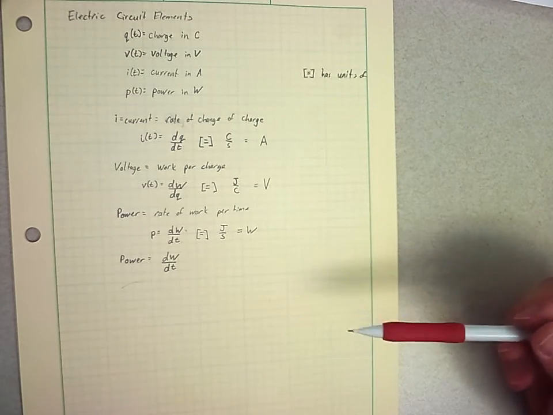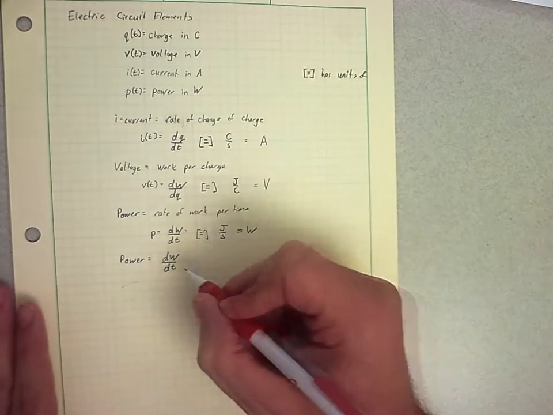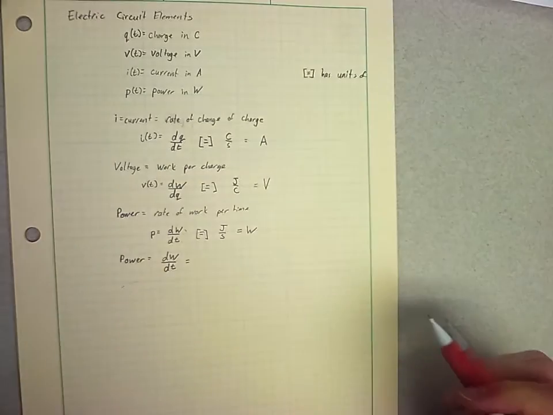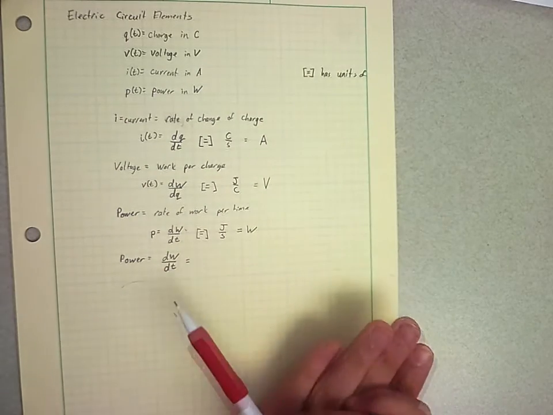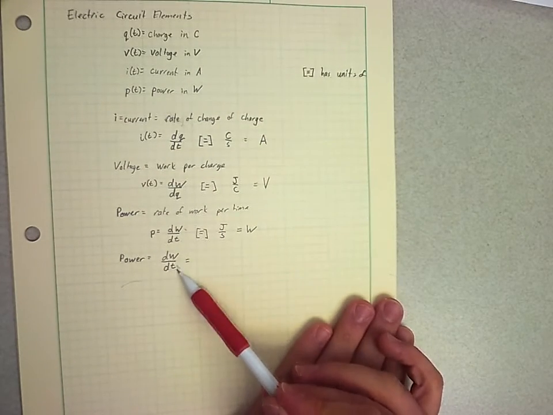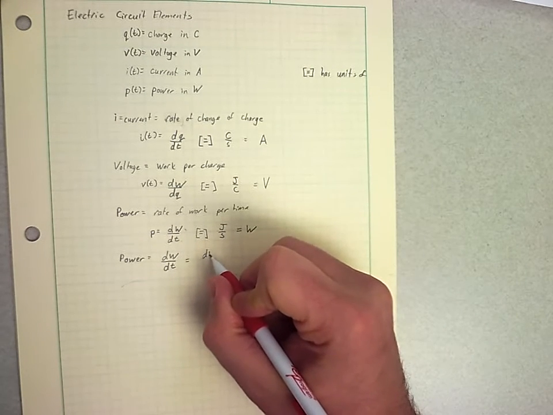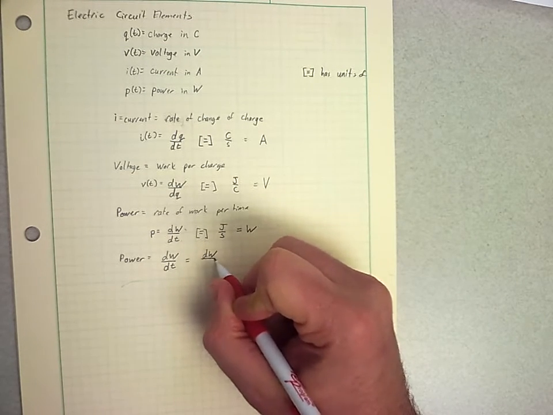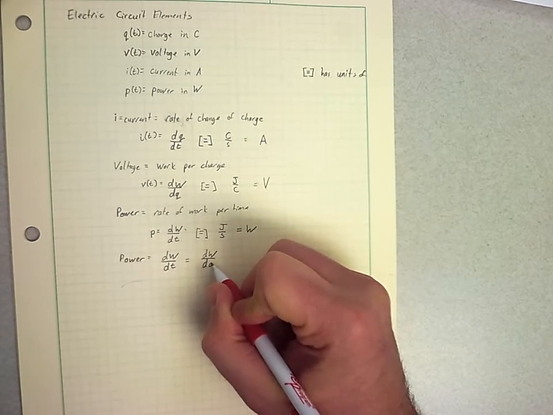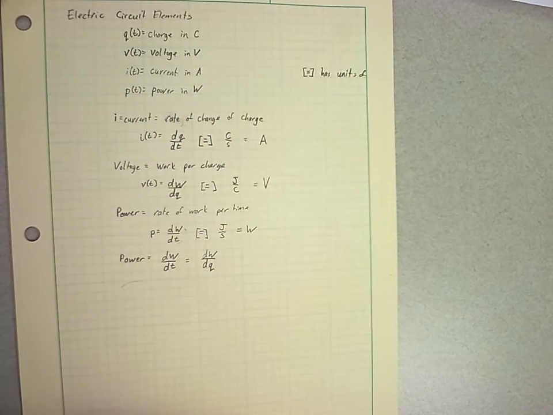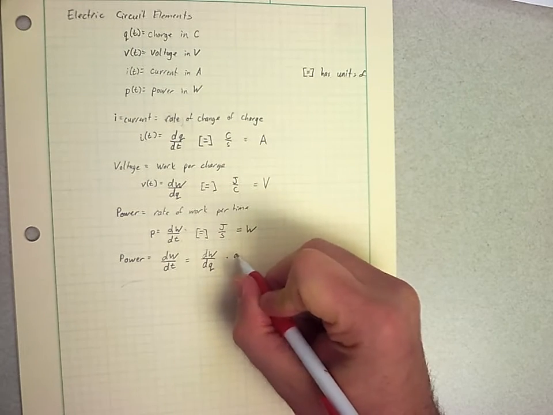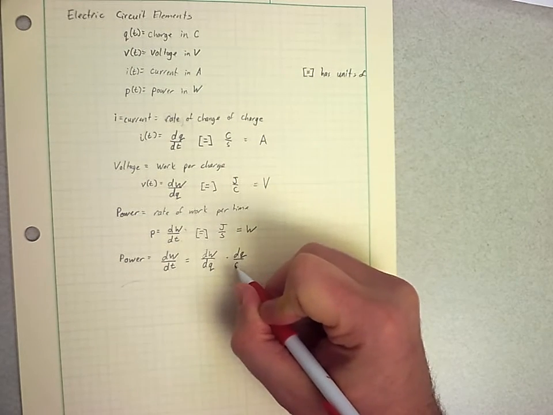Well, one of the things we can do is use what is called the chain rule. We can break this apart and know that if we're trying to get work with respect to time, we can take the derivative of work with respect to charge times the derivative of charge with respect to time.